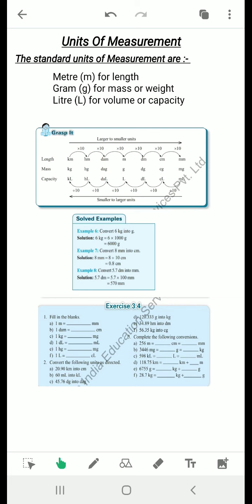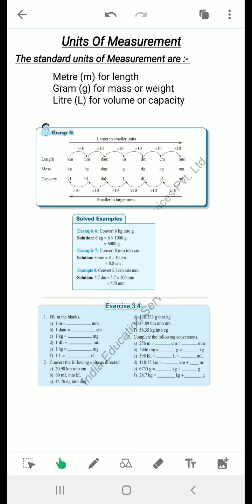If you are going from a larger unit to a smaller unit, then we will multiply, as you can see written on the screen. Whenever we convert a larger unit into a smaller unit, we will multiply. And if we convert smaller to larger, we will divide.